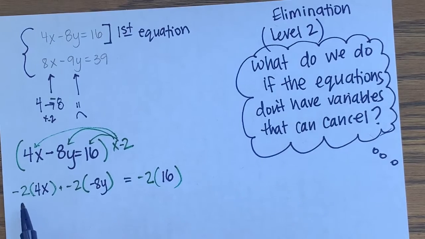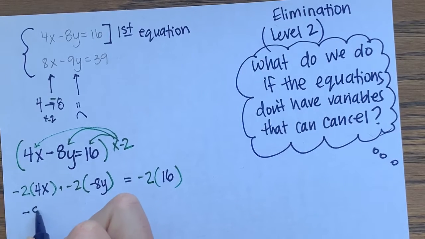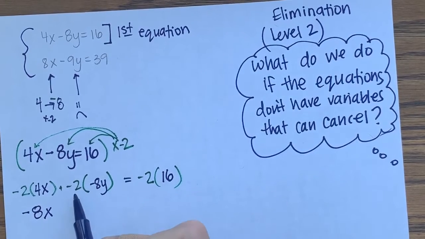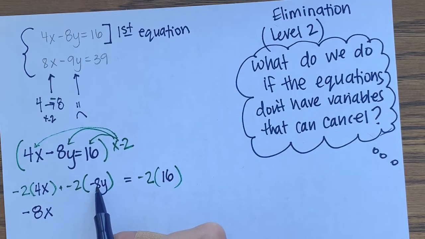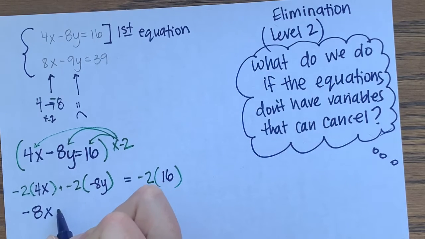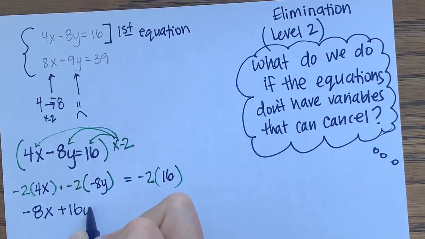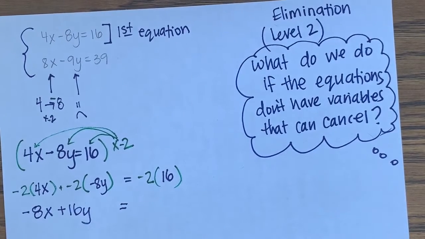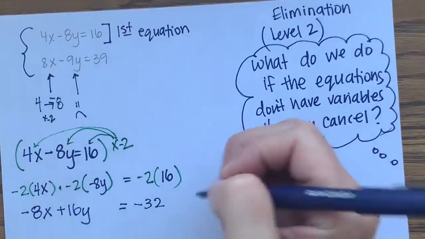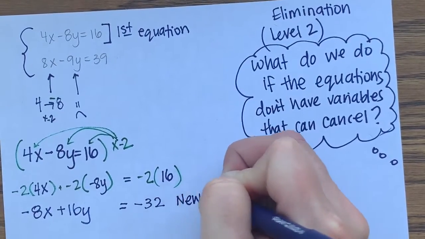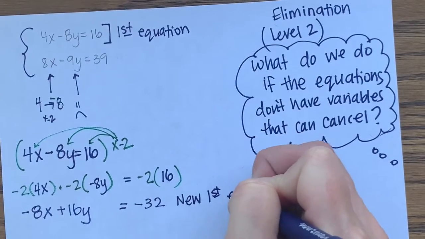So negative 2 times 4x is negative 8x. Negative 2 times negative 8y is a positive 16y. And negative 2 times 16 is negative 32. So this is my new first equation.